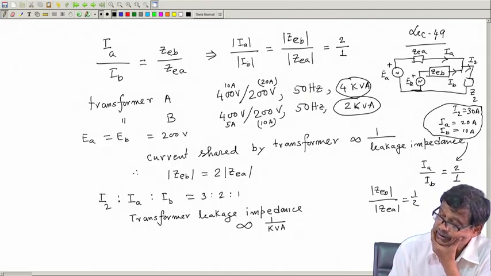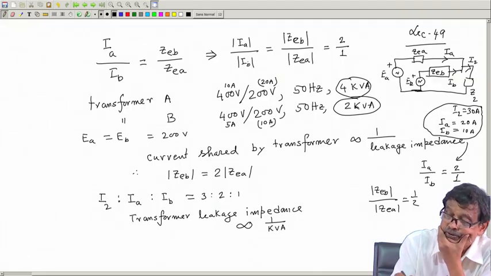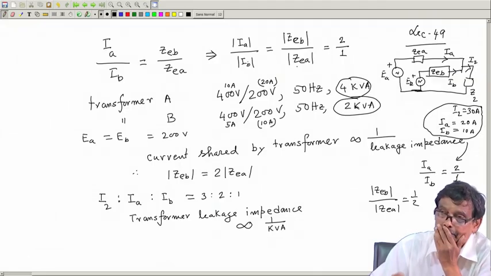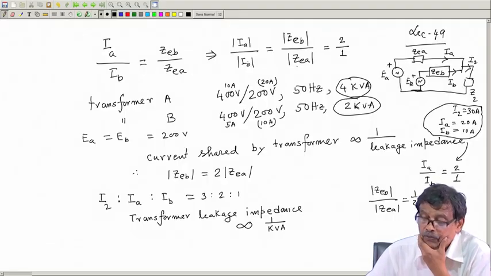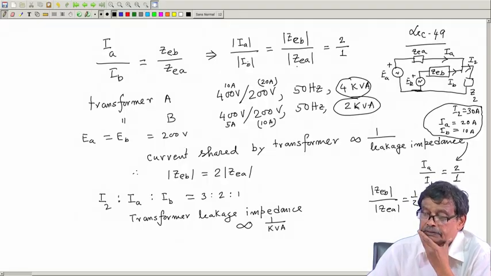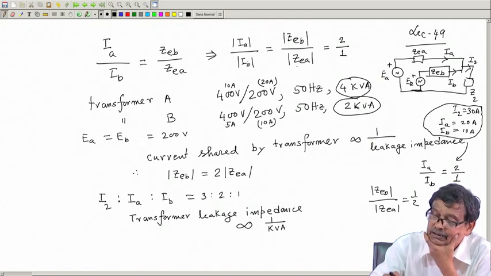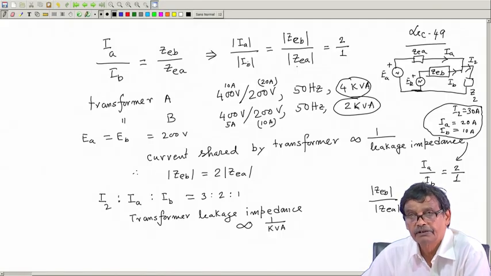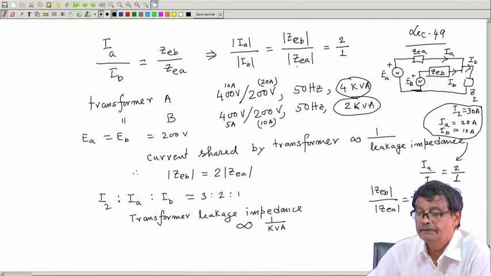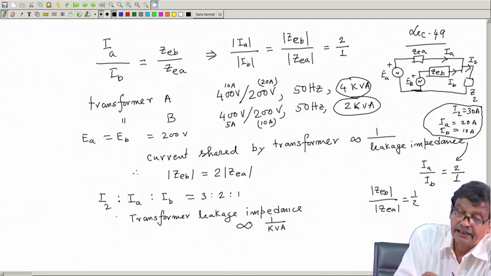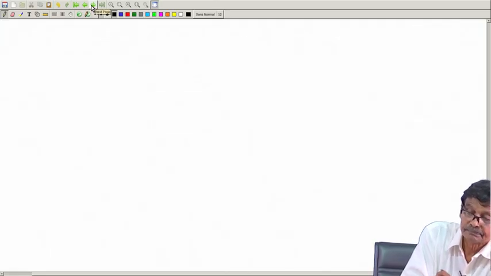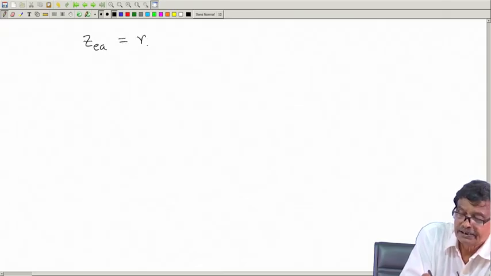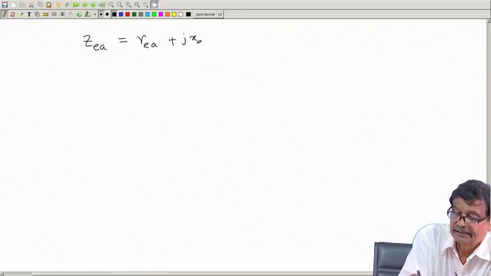Now, mind you, the ratio of the magnitudes of the currents is ZeB by ZeA. Now, I say that the magnitude of the leakage impedances should be inversely proportional to their kVA ratings, fine, but ZeA itself is what? It is ReA plus jXeA, all with respect to the secondary side.